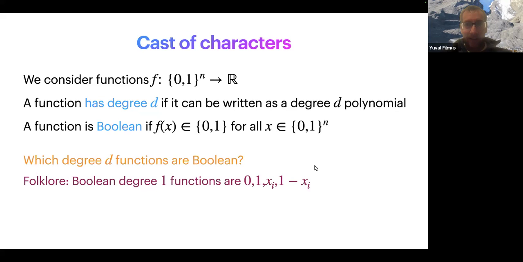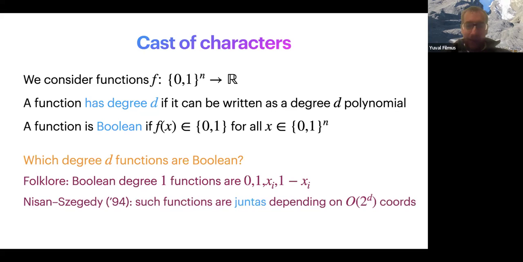We also have such an explicit list for degree 2 functions, but in general, we can say, following Nisan and Szegedy, that Boolean functions of degree d are what are known as juntas. This is a terminology from social choice theory. A junta is a function which depends on a constant number of coordinates.